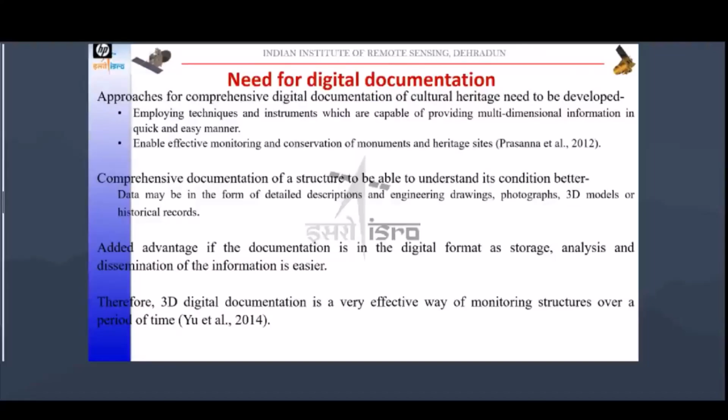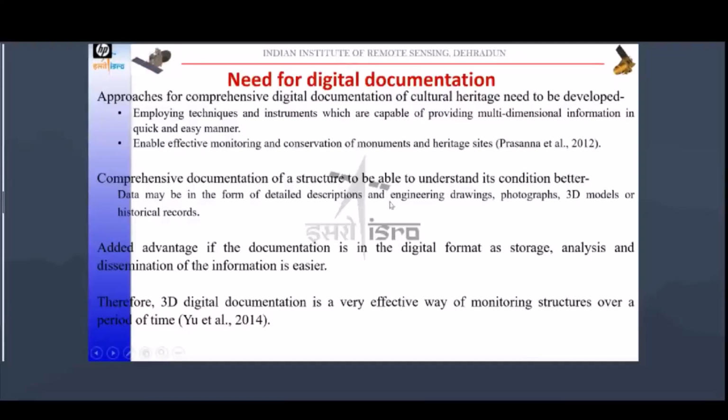With the applications of these data and techniques focusing on documentation and on damage detection, these two sections will be discussed today. Now, once documentation has been done, this will enable effective monitoring and conservation of the monuments and heritage sites.